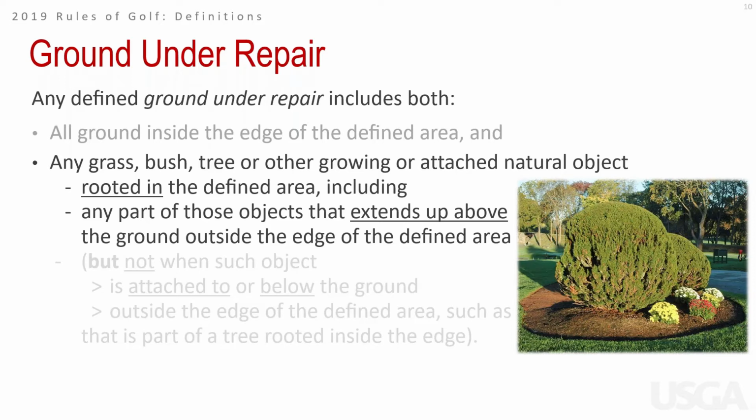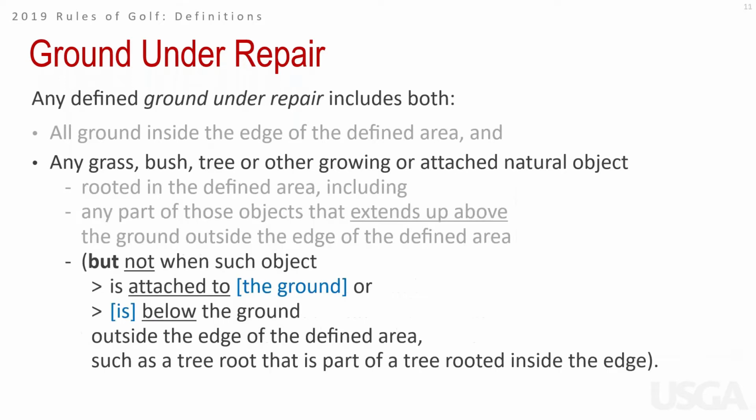But we do have a bit of an exception here, and that's when it is attached to the ground or is below the ground outside the edge of the defined area. Obviously, tree roots being big and wide spreading, we're not going to give relief for as long as that tree is rooted.